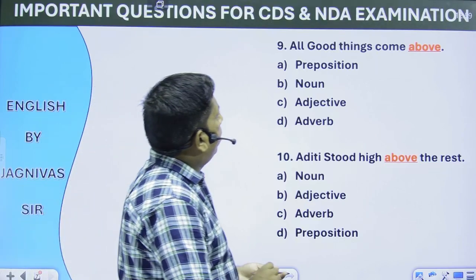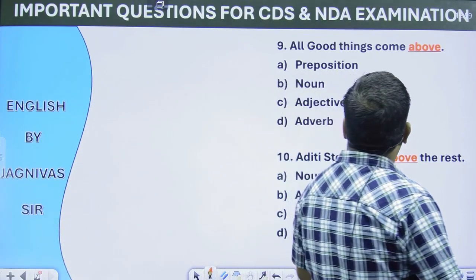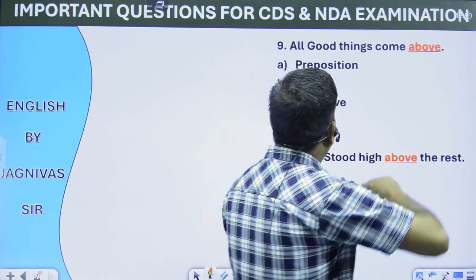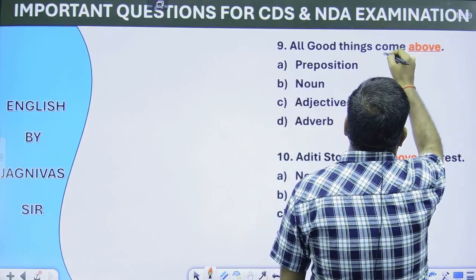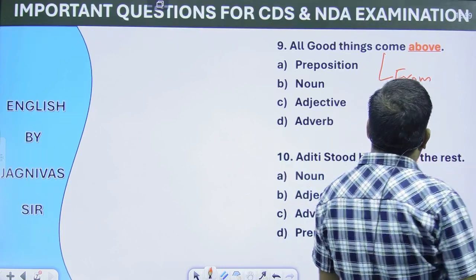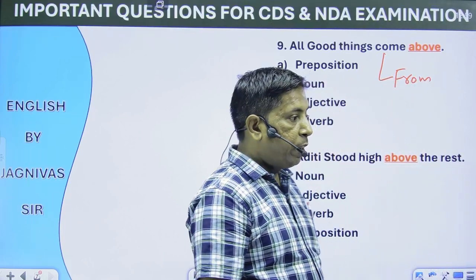Let's see. All good things come. All good things come. Here something is missing. The question is from above. The word is missing.